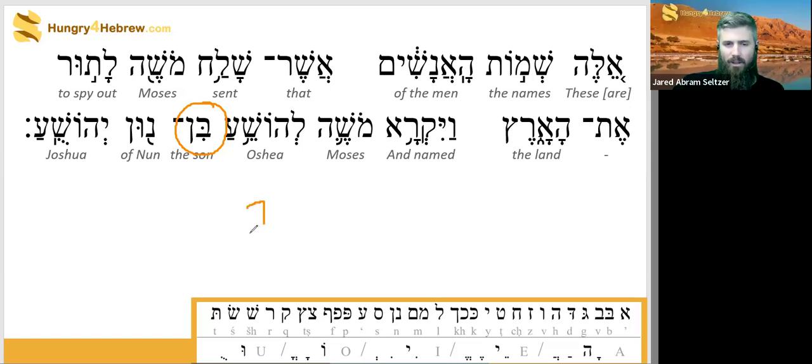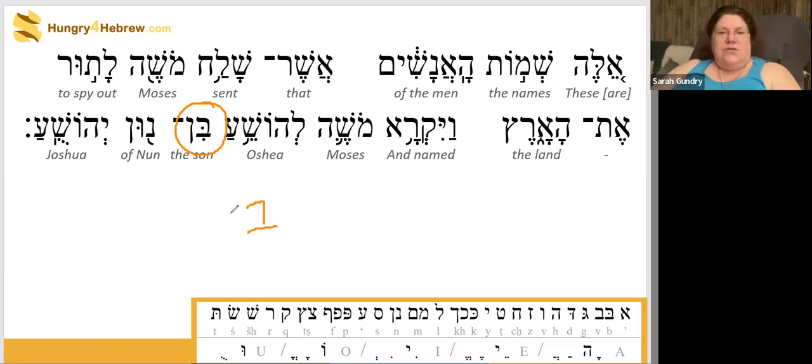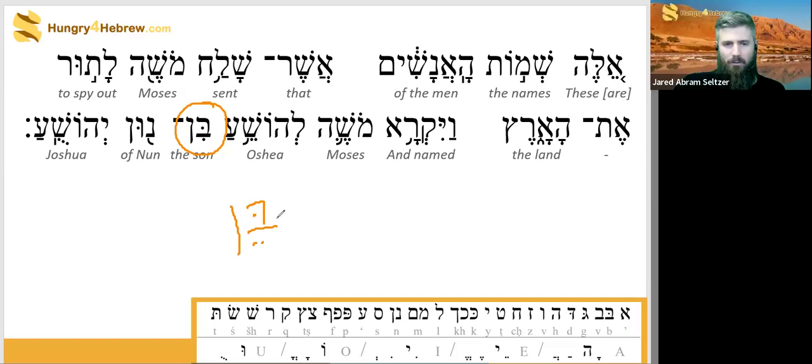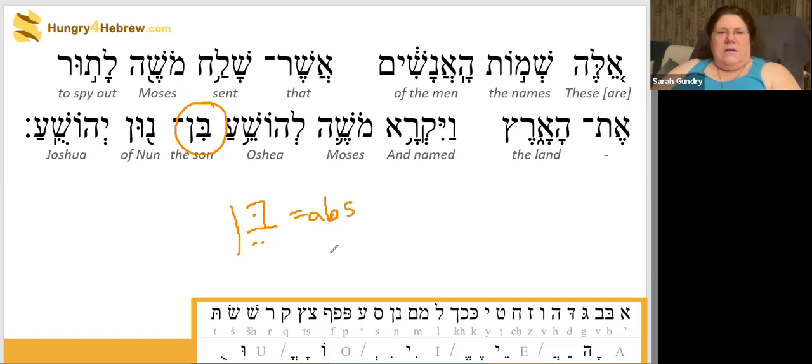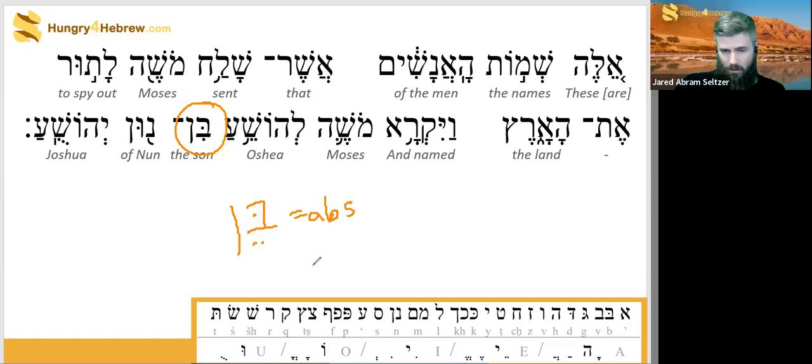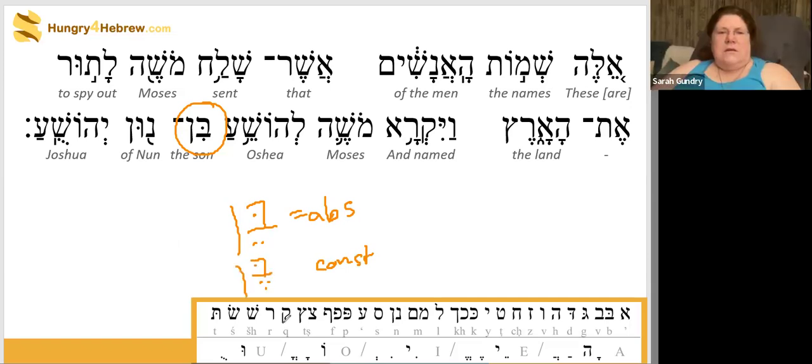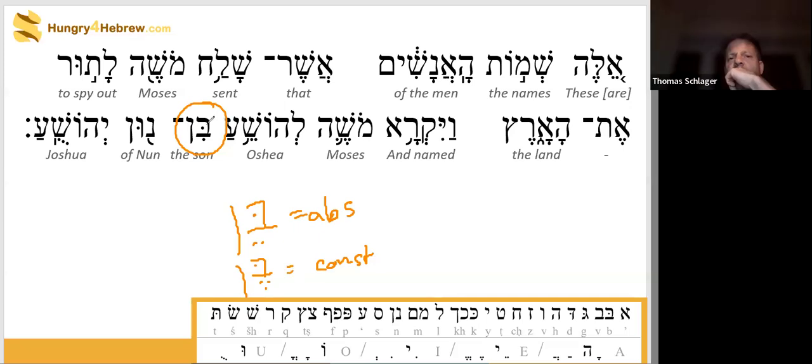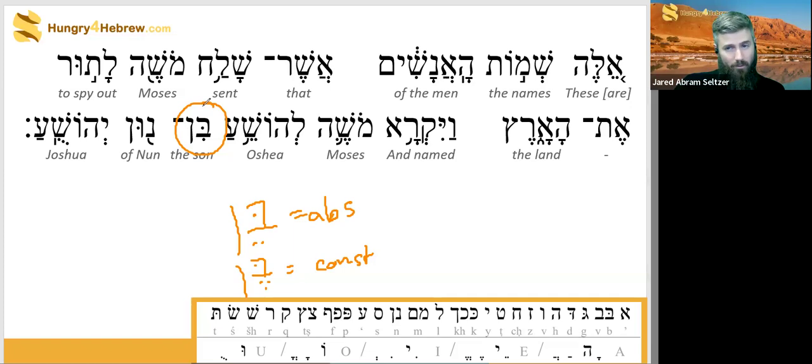So it's there before because it's in the construct, the absolute form, like you said, has the tzere. And usually in the construct form, it drops all the way down to a segol. Yeah, that's what I was thinking. Here it doesn't.